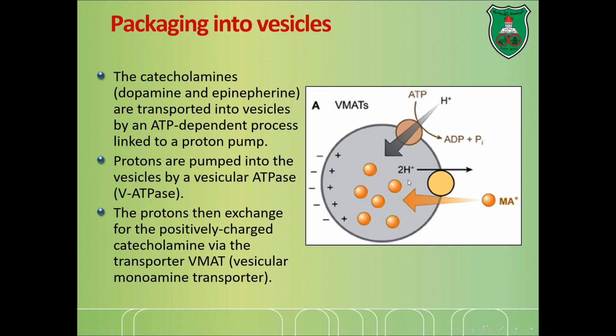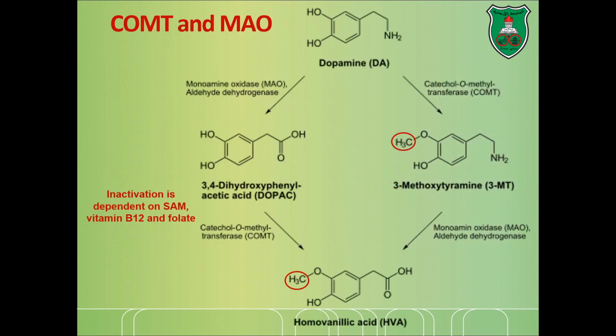Now, you have to have a high concentration of protons inside these vesicles to allow monoamines to get into the vesicles, and this is done by a transporter known as vesicular monoamine transporter that pumps protons inside these vesicles. Okay, and it's ATP dependent.